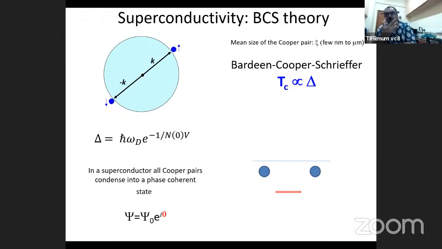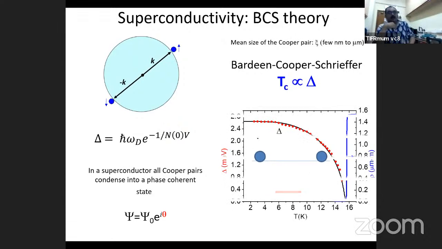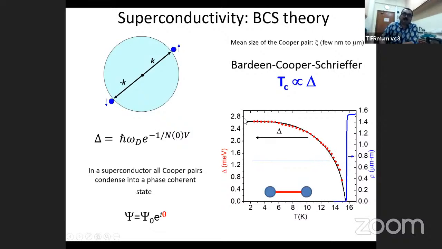How many of them will get broken is given by the Fermi-Dirac distribution. Because of this, the superconducting gap itself gets renormalized, so it decreases and goes to zero exactly at Tc.